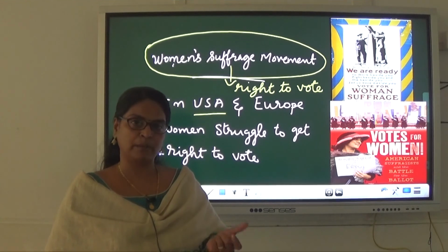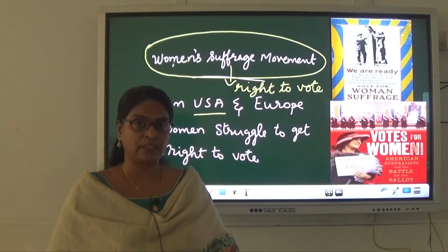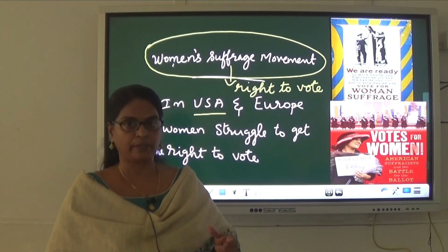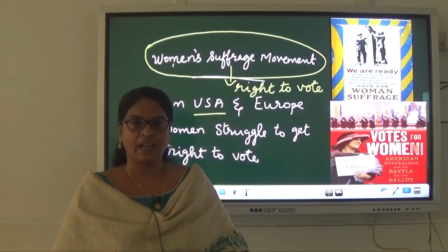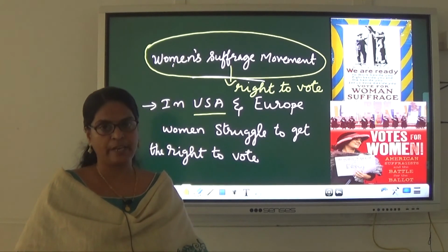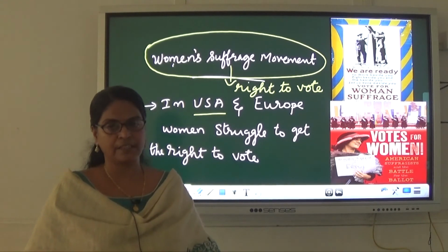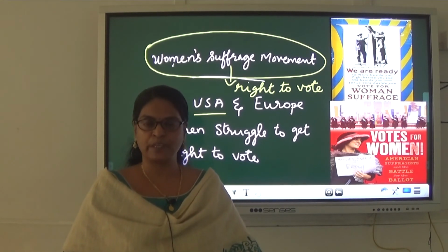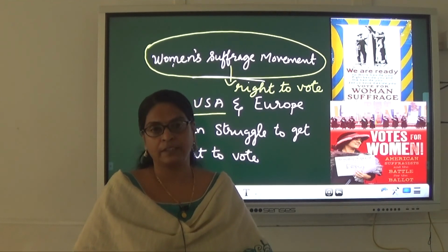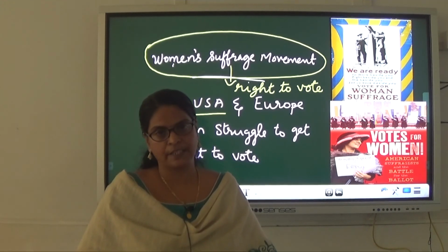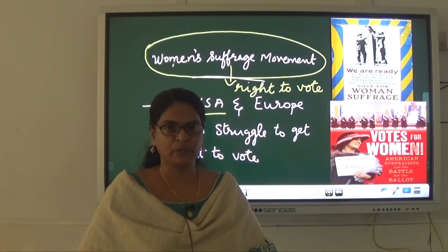Then we learned about representative democracy, India being a representative democracy, and the importance of universal adult franchise in representative democratic countries. Then you also learned about women's suffrage. Hope all of you understood the topic.